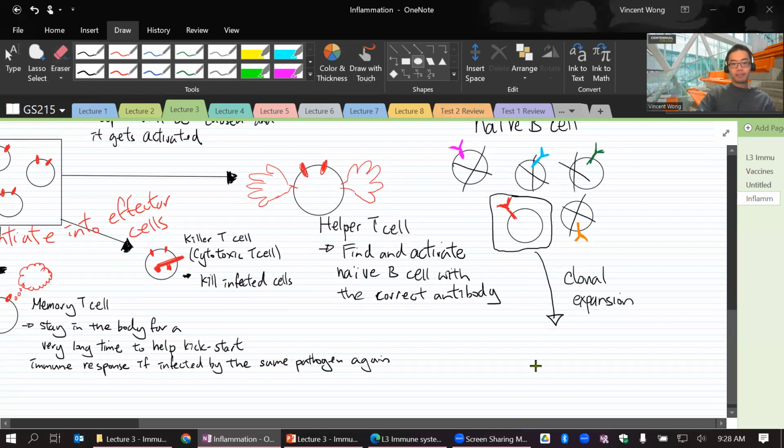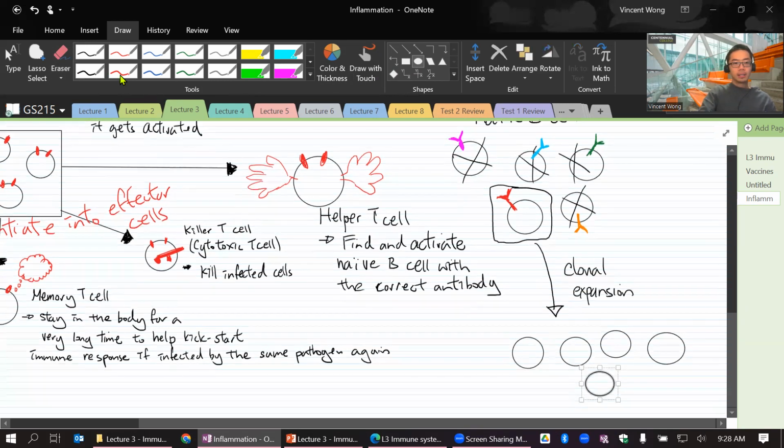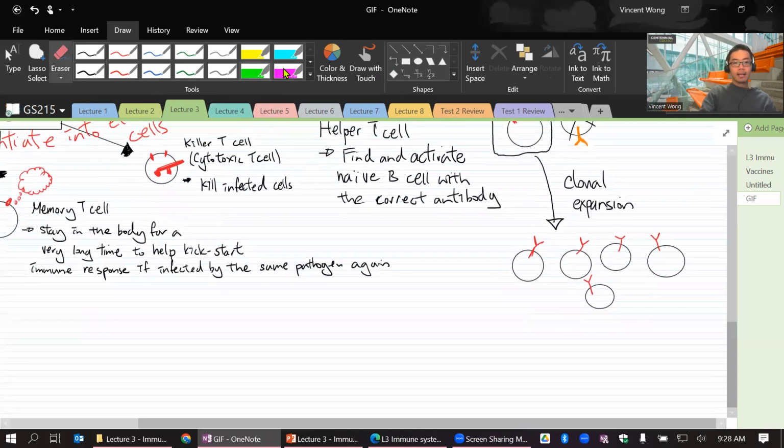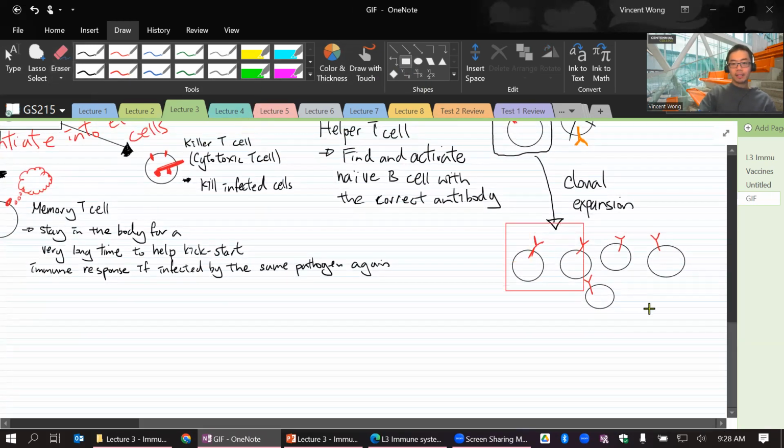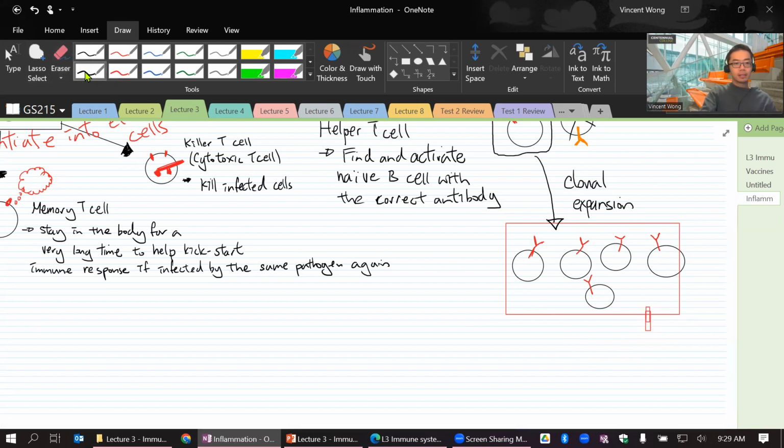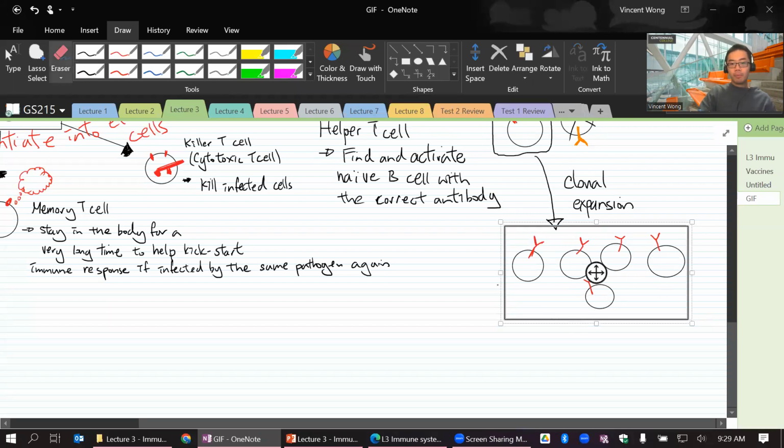And you will have a whole lot of them. And once you have a population of them, they will now be able to differentiate again.